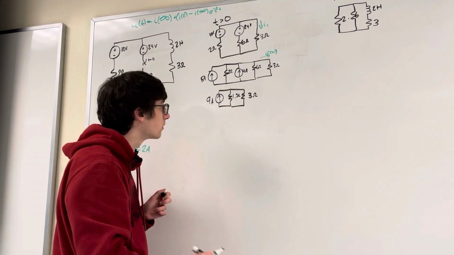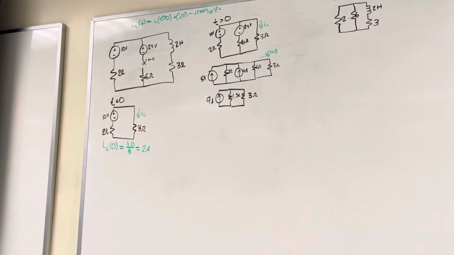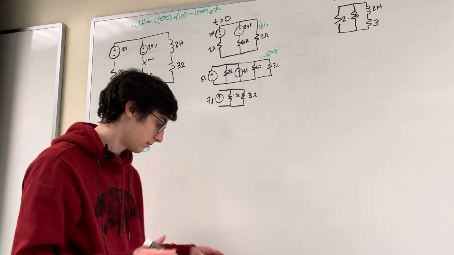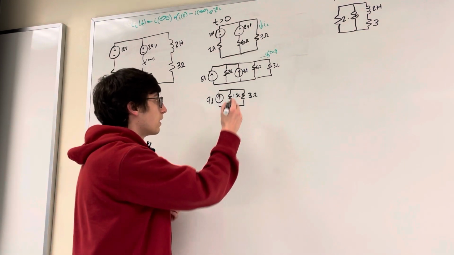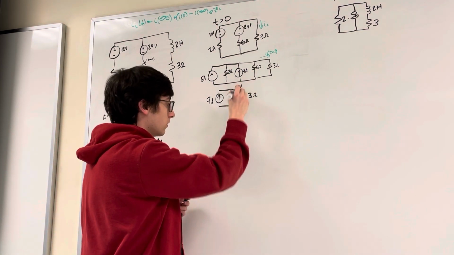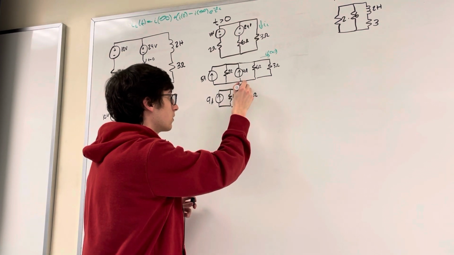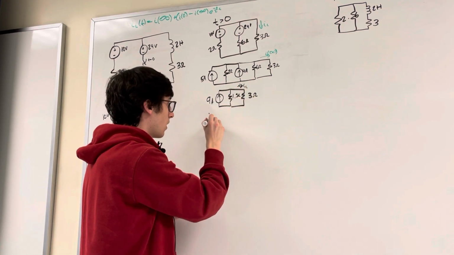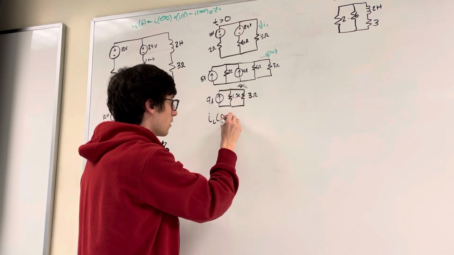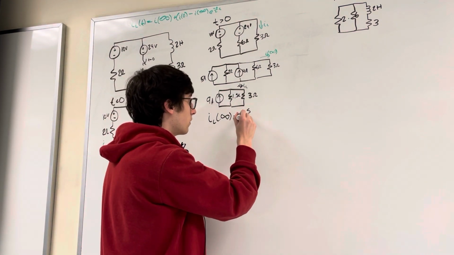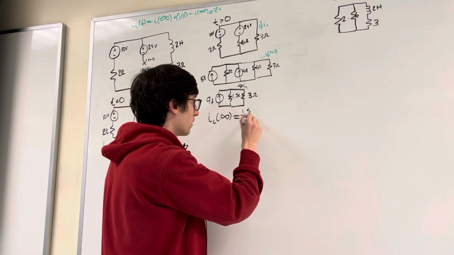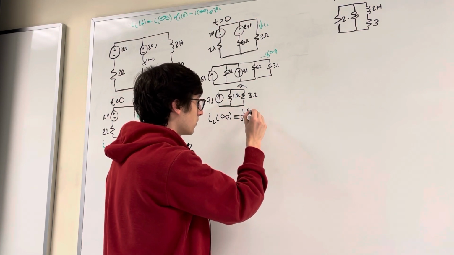Okay. So we can easily do current division to find IL going this way. So IL of infinity is going to be 1.5 over 4.5 times 9.